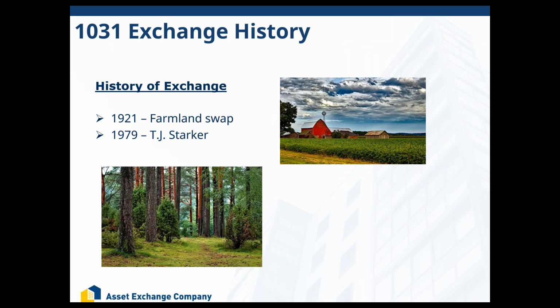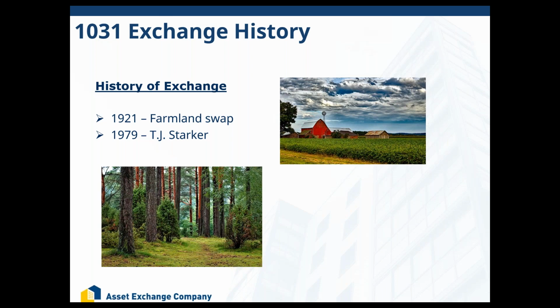But our modern day exchanges, the format that we follow today, really started back in 1979 with a gentleman by the name of T.J. Starker. Mr. Starker lived in California, and he owned a lot of land in California with timber on it. What Mr. Starker did was sell that land to a timber company called Crown Zellerbach.